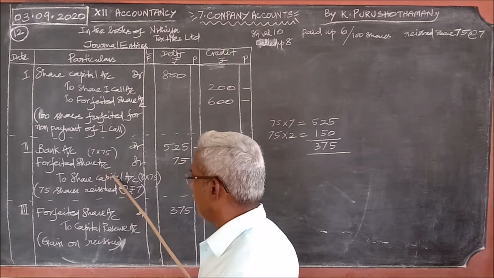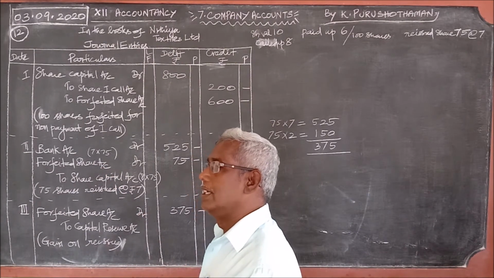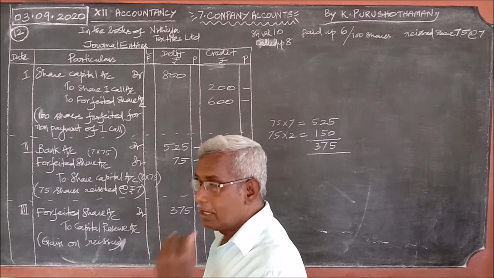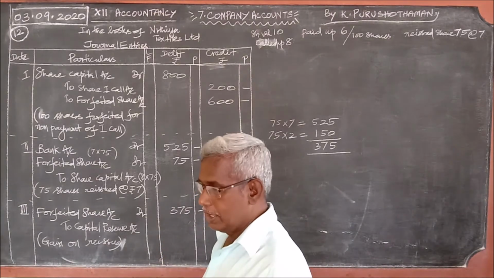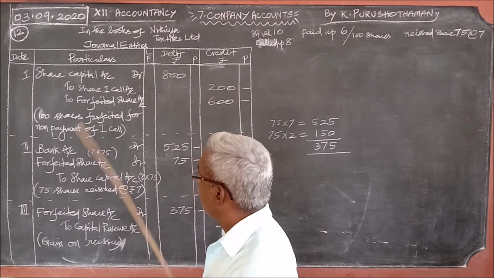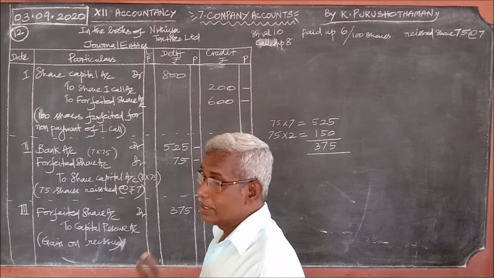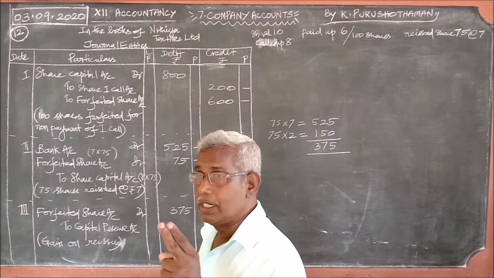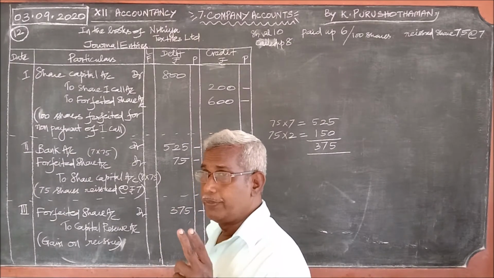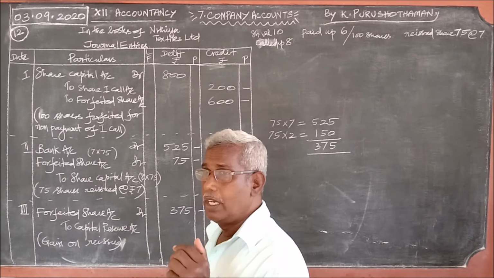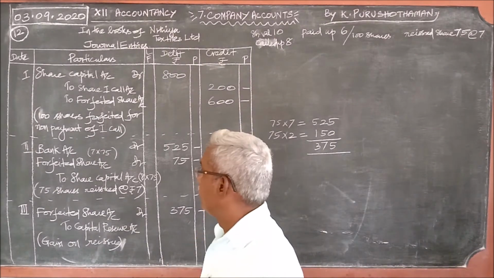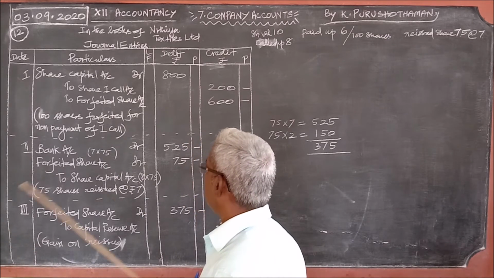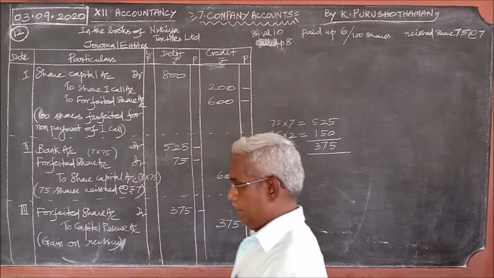For reissue there is one journal entry, and if there is some amount of profit, for that profit we should pass another journal entry. Sometimes I told you in the other class itself, if asked to pass entries for forfeiture and reissue, you should pass all the 3 entries. Now we are coming to the reissue points.